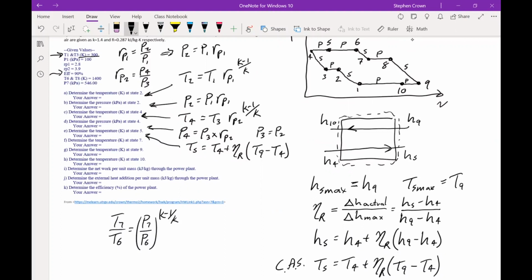In this case, we're not given a ratio, we're given pressure 7. So we just express that as P7 over P6.